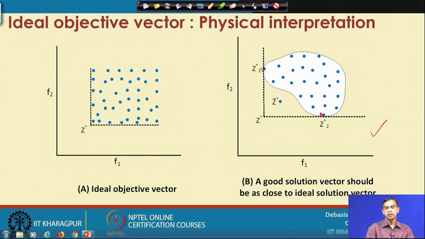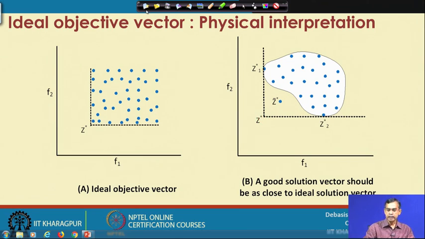Similarly, this solution is minimum with respect to f1, but not with respect to f2. However, if we could find one solution like this, which obviously does not exist here, then we could say this is the one solution which is minimum with respect to both f1 and f2.